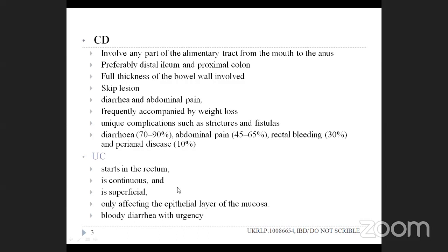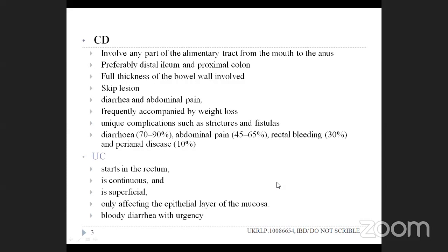The most important thing with ulcerative colitis is that the superficial epithelial layer of the mucosa of the intestine is involved, sparing the muscular layer and the serosa, but the entire length of the colon will be involved.